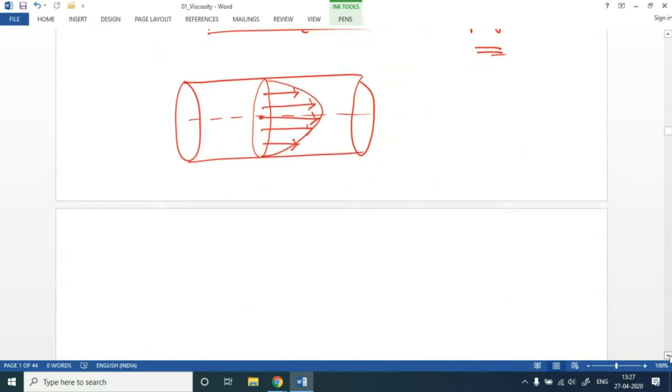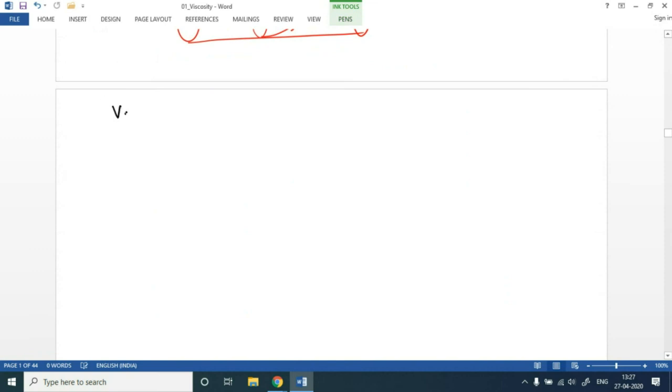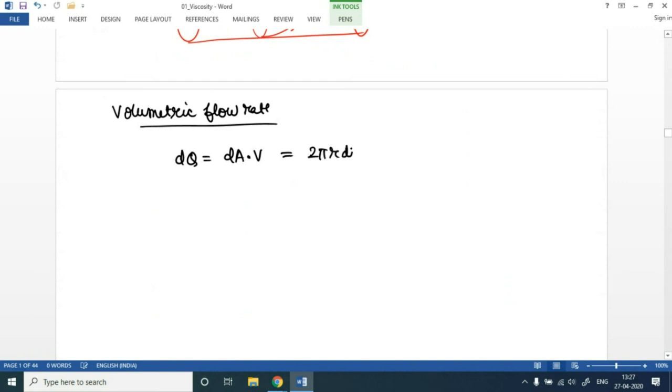And the next thing we are going to discuss, as we stated earlier, is that we also wish to find the volumetric flow rate. The volumetric flow rate through the small cross section, dQ, will be simply dA times V, and dA would be 2 pi r dr, and V we have already found, that is delta P divided by 4 eta L into R square minus r square.